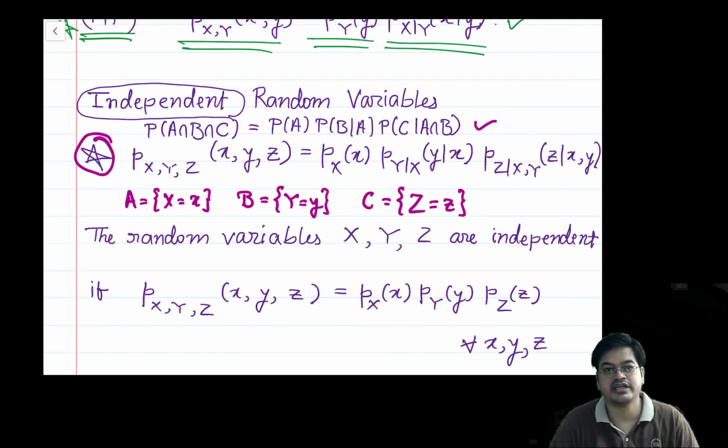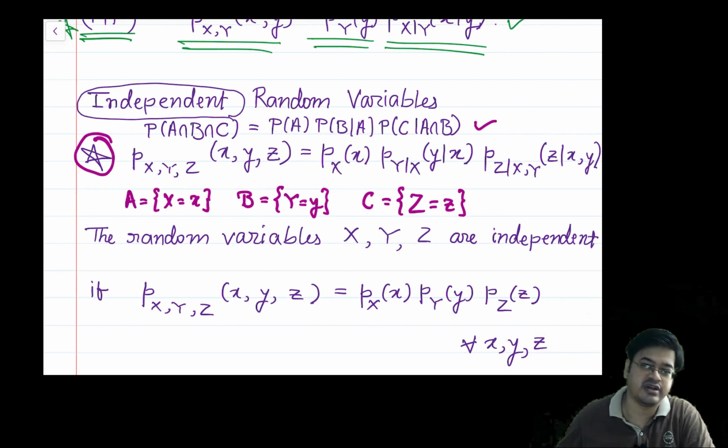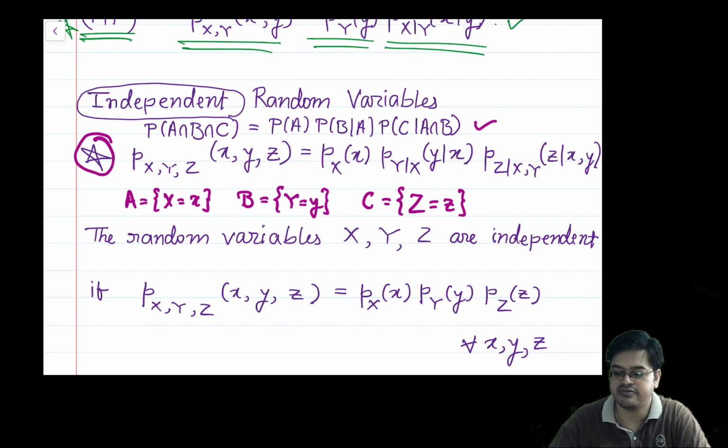When we were studying the theory of events, if you remember, if I have more than two events, then I need to check all the possible sub collections to check the independence of the events.